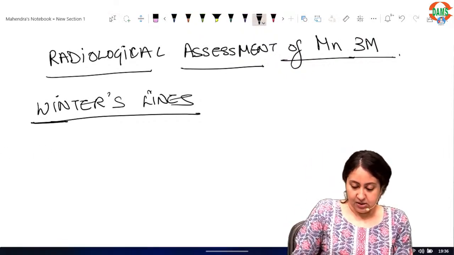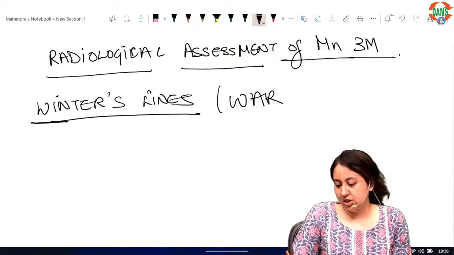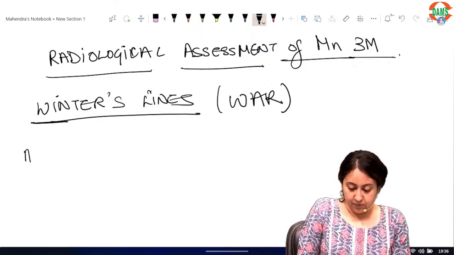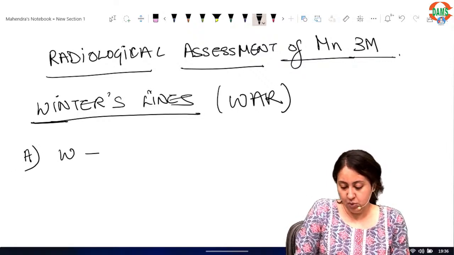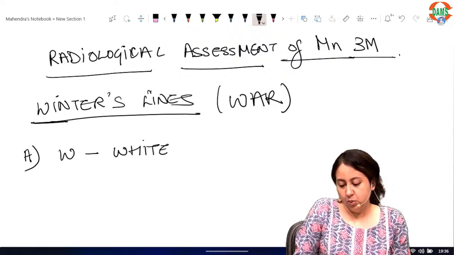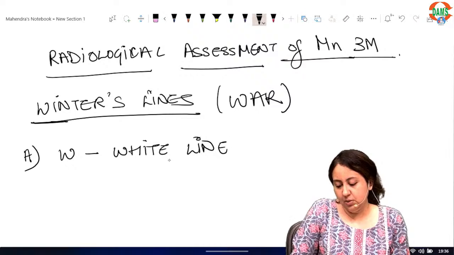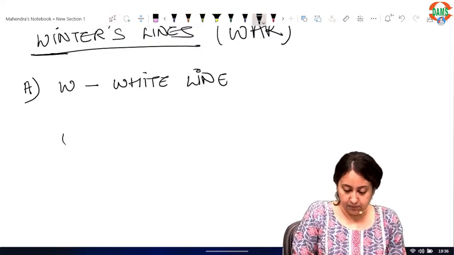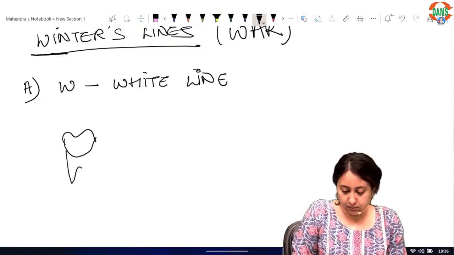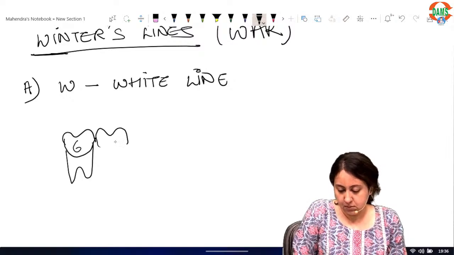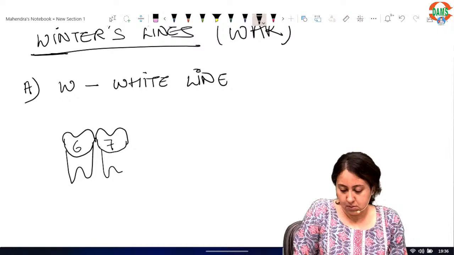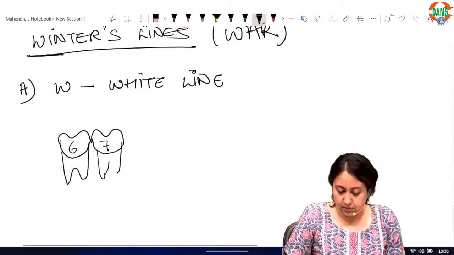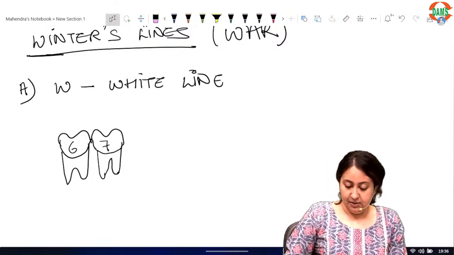Now, Winter's lines are also known as war lines. Let's see the first component, that is W, and it stands for white line. Let's see what is the white line.